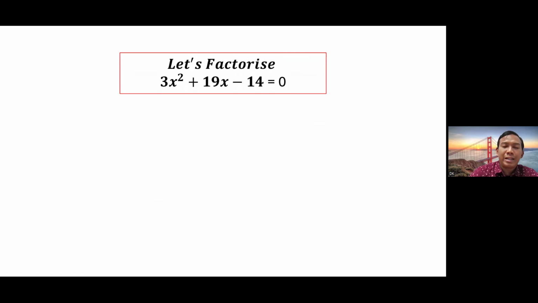Using your calculator to assist you, mode 5 2 2, you should get x equals minus 7 and x equals 2 over 3.